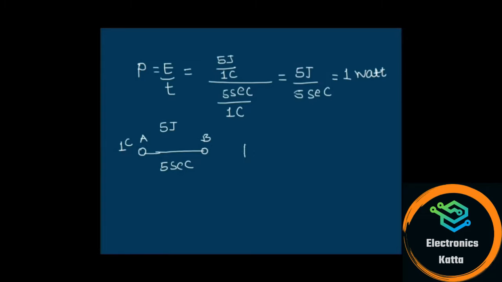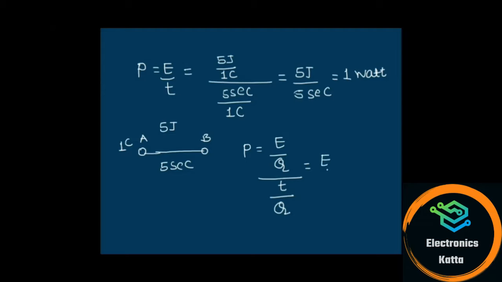Now let's generalize this. Let's say we required E joules of energy to move Q coulombs of charge, and the time required for this task is T seconds.